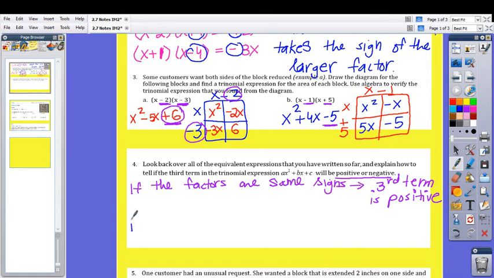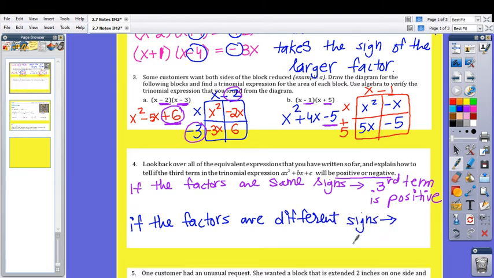And then if the factors are different signs, then in that case, the third term is negative.